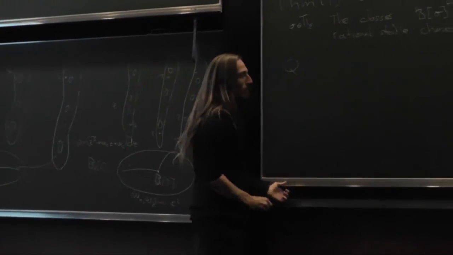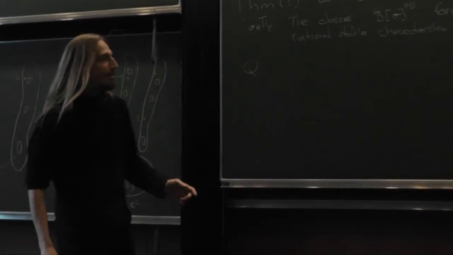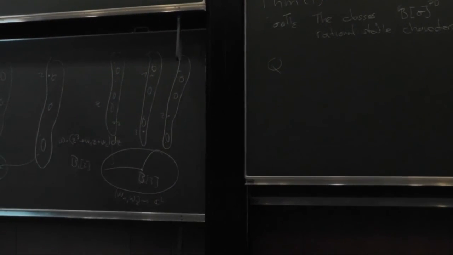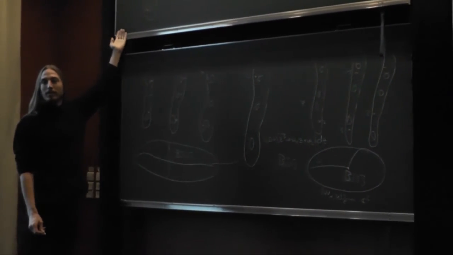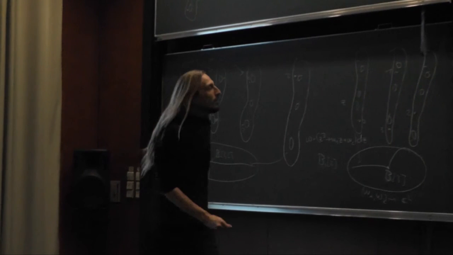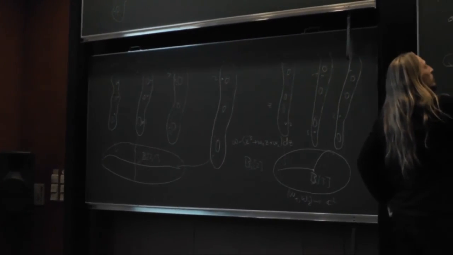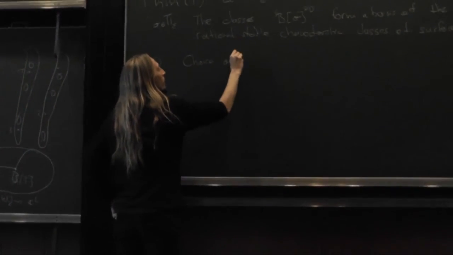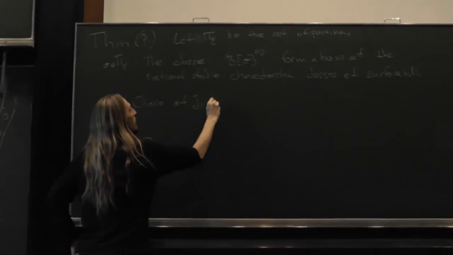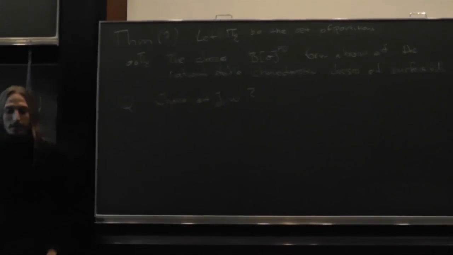Okay, so some things that you might wonder about is that somehow this here depends on more than just the surface bundle, because we have this structure of J and omega. So does it really depend on this?